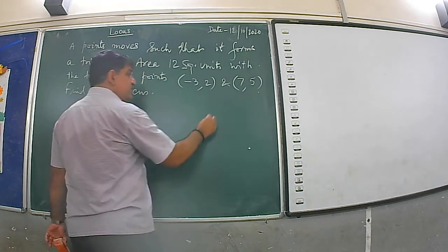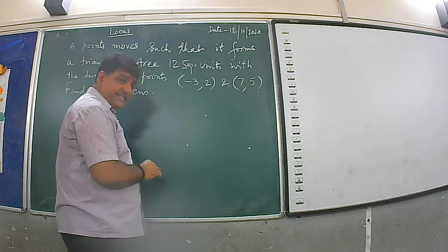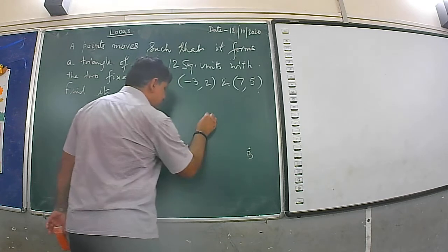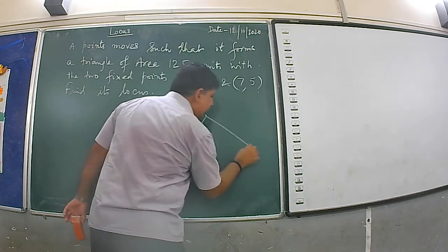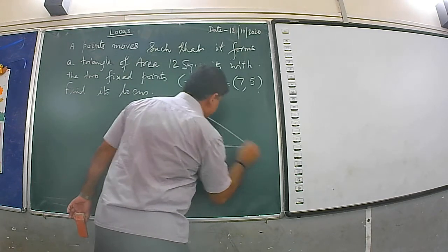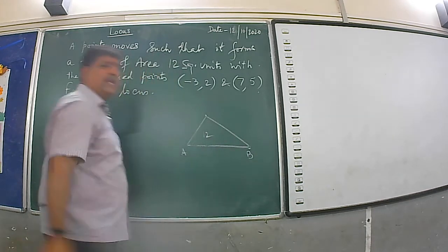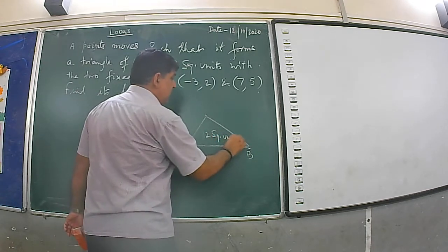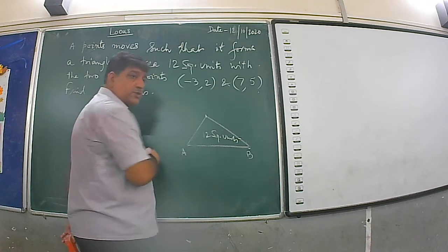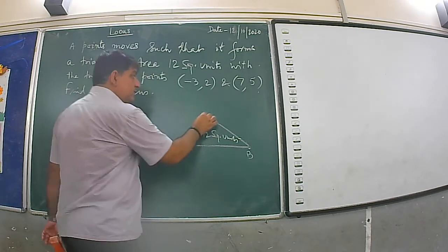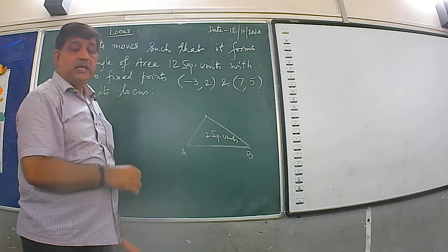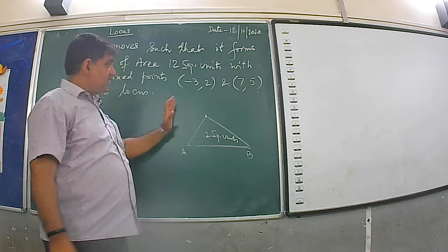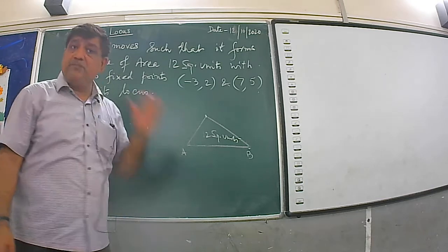The point moves in such a manner that it will form a triangle with these 2 points, and the area of this triangle is 12 square units. What about the locus of this point? Try to understand. We will solve the problem later on. We will try to understand the actual meaning of the problem.